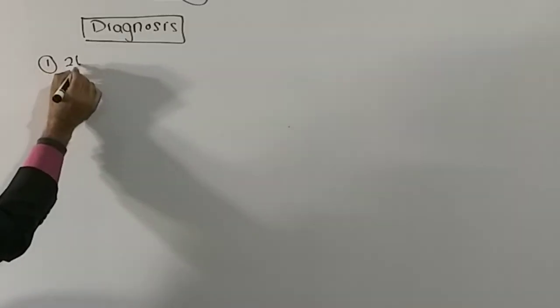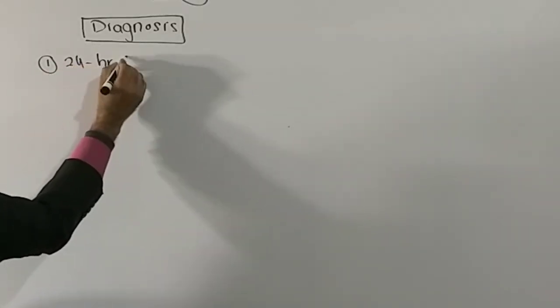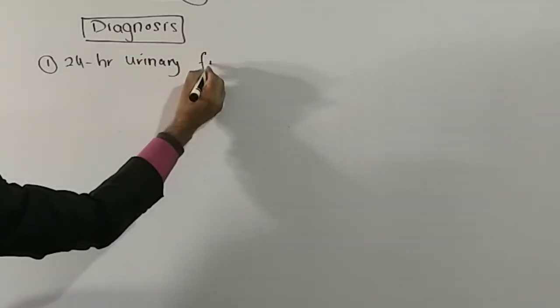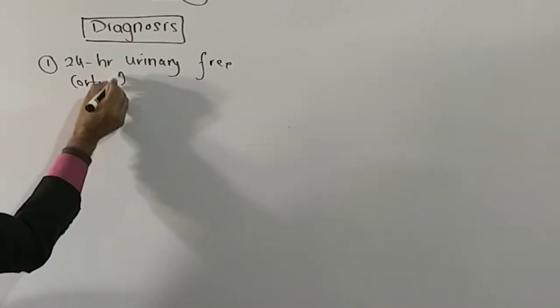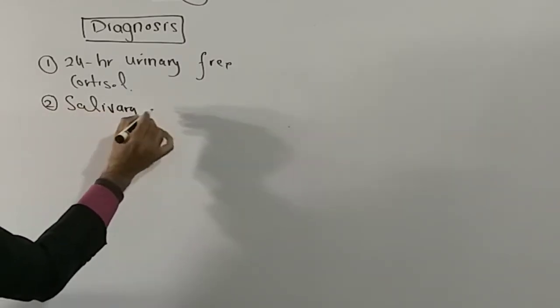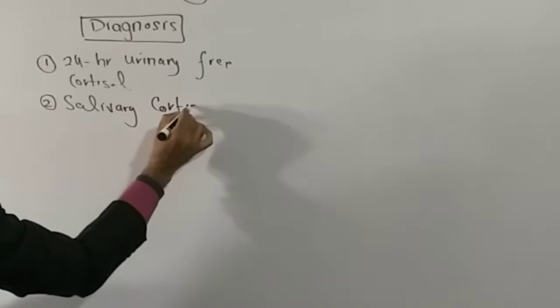We will do a very important test which we call the 24-hour urinary free cortisol, and along with that we will also do the cortisol level in the saliva, salivary cortisol level.